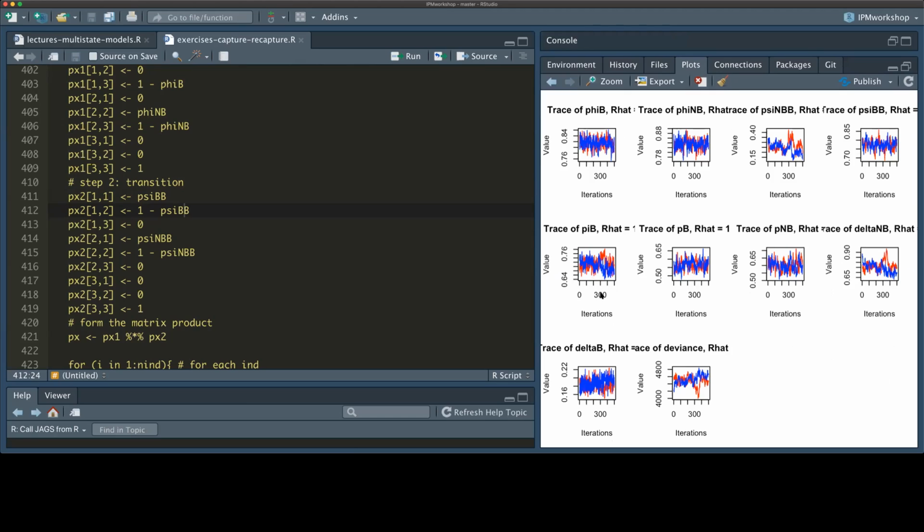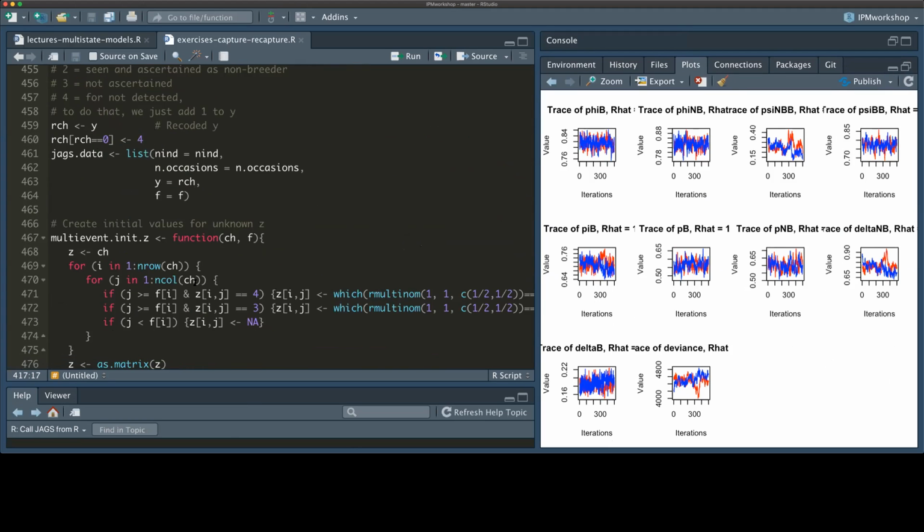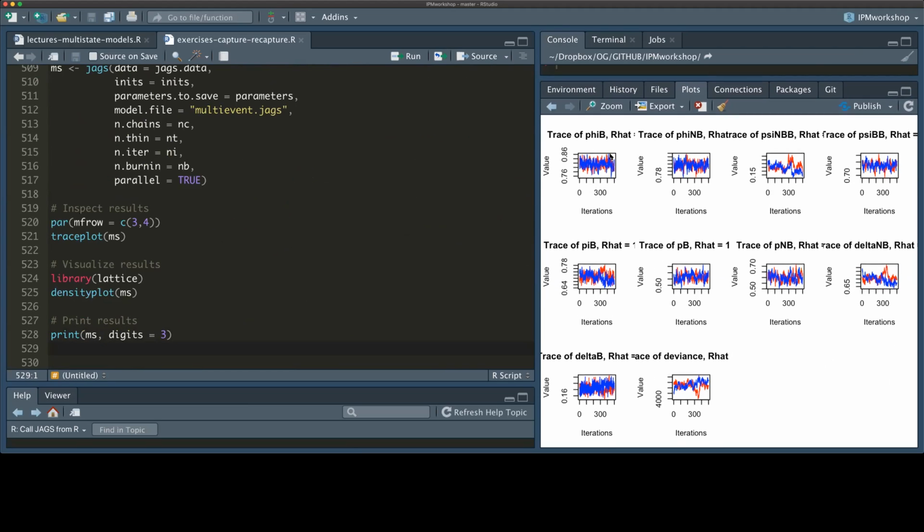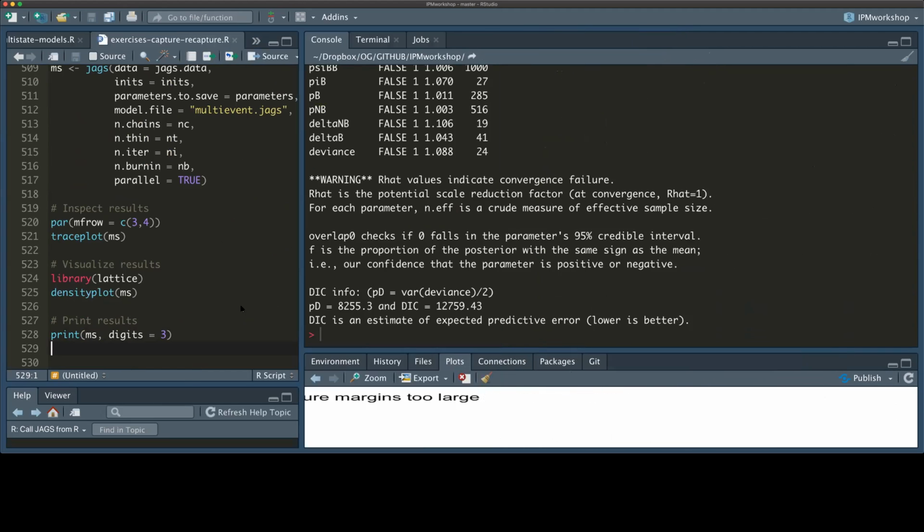And then I get an estimate for the delta parameters, the probability of correctly assigning an individual in each state, non-breeder and breeder.